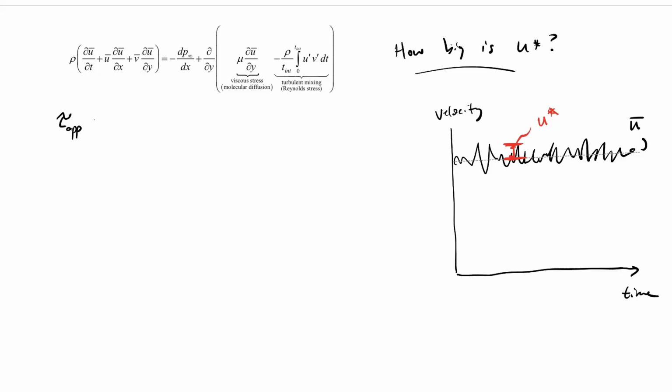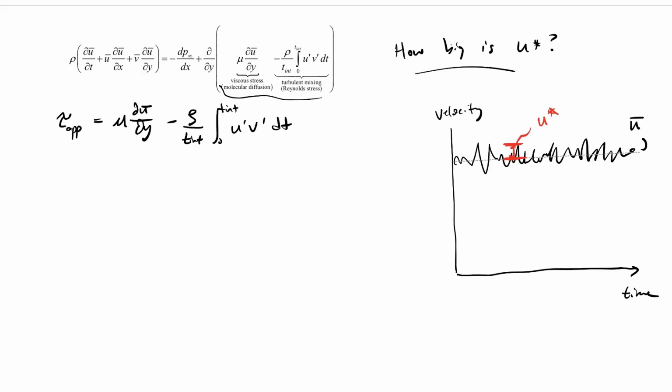It has to include both the viscous stress due to molecular diffusion and the turbulent part. So our apparent shear stress is mu d U bar dy minus rho over t int times the integral from 0 to t int of u prime v prime dt.